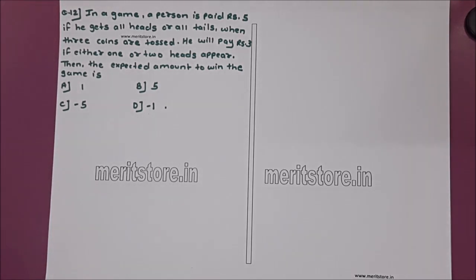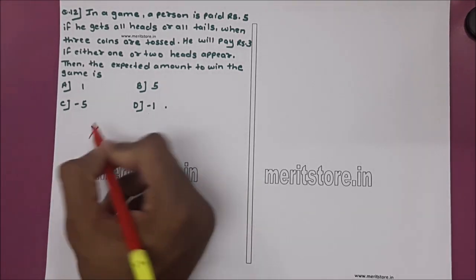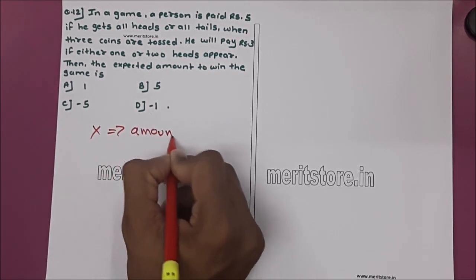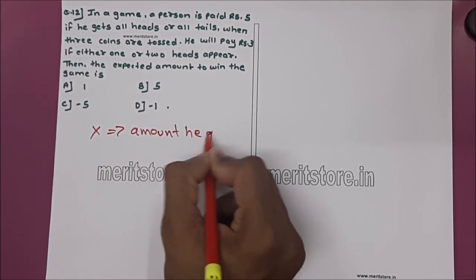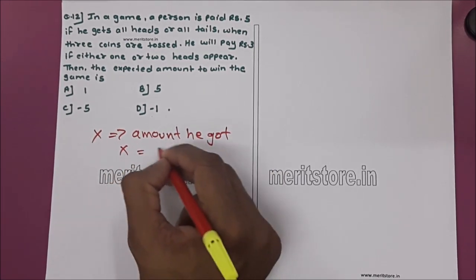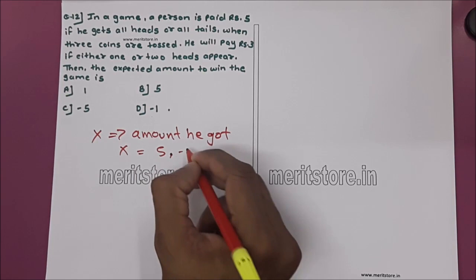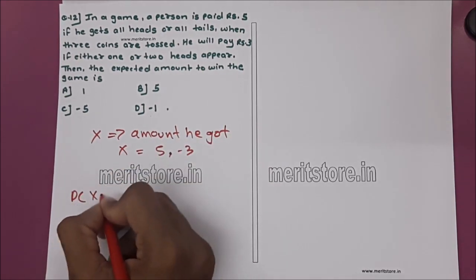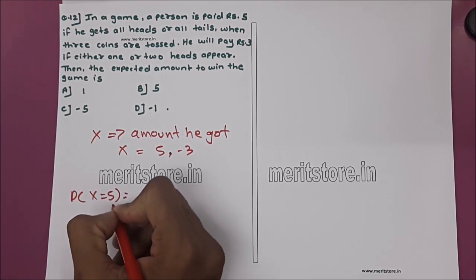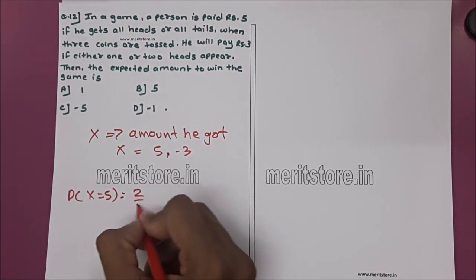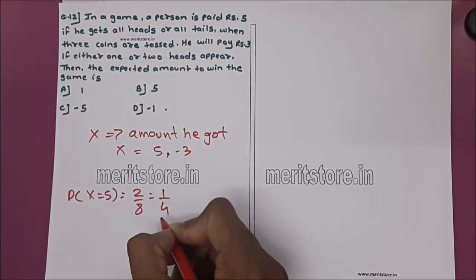Let X be the amount he got. Then X can take the values 5 and minus 3. The probability of X equal to 5, that is the probability of getting all heads or all tails when 3 coins are tossed, is 2 by 8, which is 1 by 4.